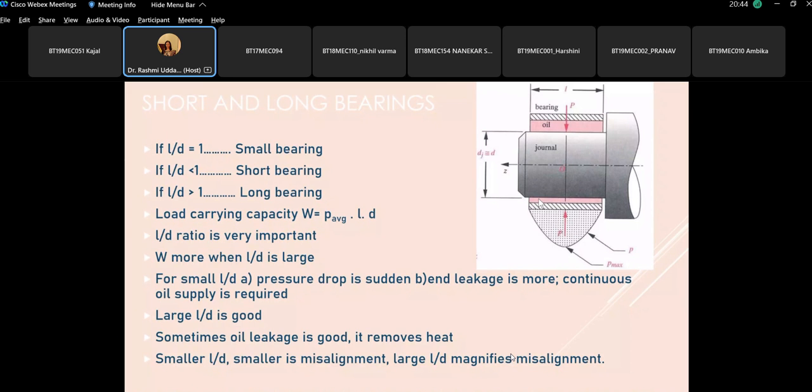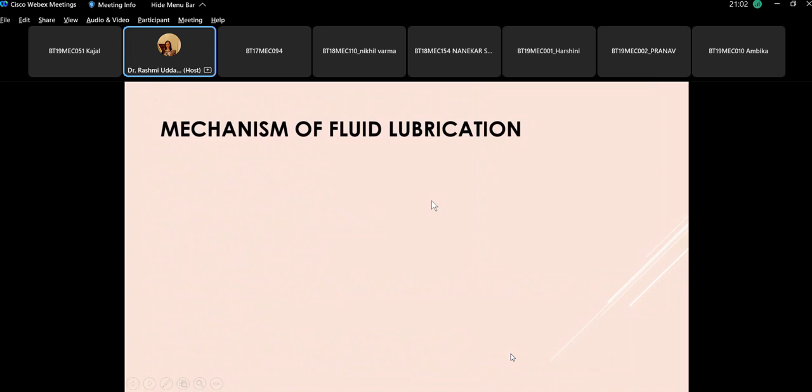And there is a continuous oil film. We are going to discuss how this pressure distribution takes this particular shape, what keeps the journal continuously away from the bearing, and why there is no contact here. So this is what we are going to discuss, the mechanism of fluid lubrication.